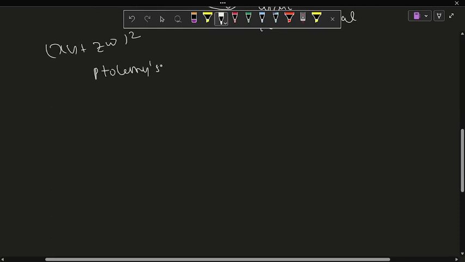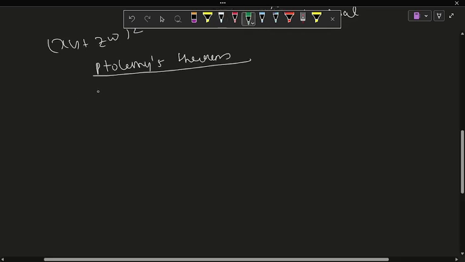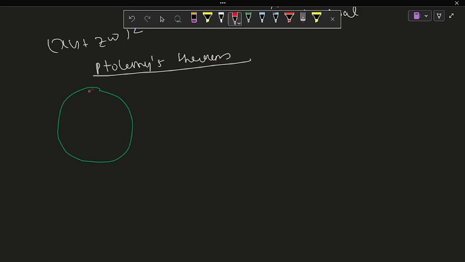Ptolemy's theorem, which is quite a standard theorem in circle geometry. So suppose we have a circle like this, and we have a quadrilateral like this. We can join these diagonals.